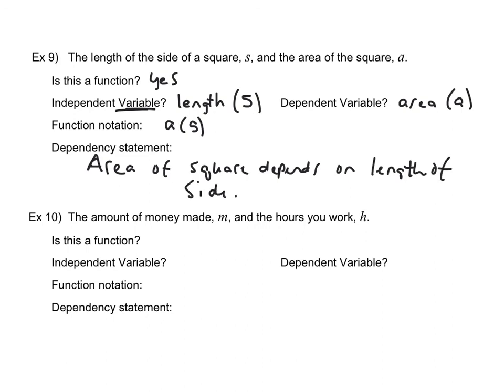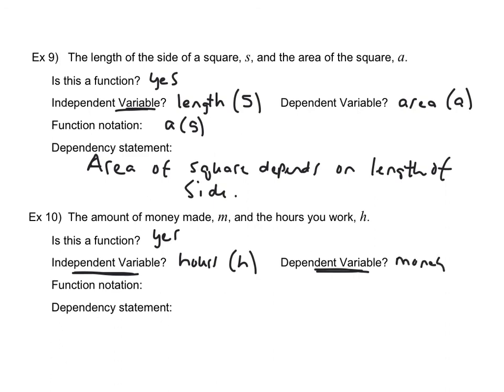Now let's do number 10. Let's read this and write it down. The amount of money made, M, and the hours you work, H. Is this a function? Why, yes, of course it is. And the independent variable, remember, is the cause, and the dependent is the effect. So the cause is going to be the hours that you work. That's the H. And the dependent is going to be the money that you make.